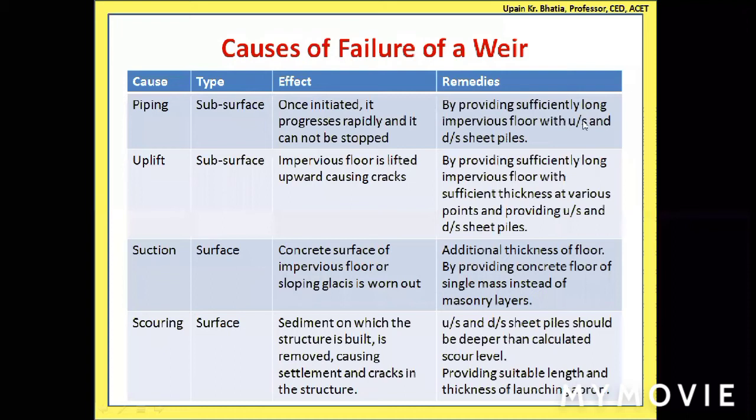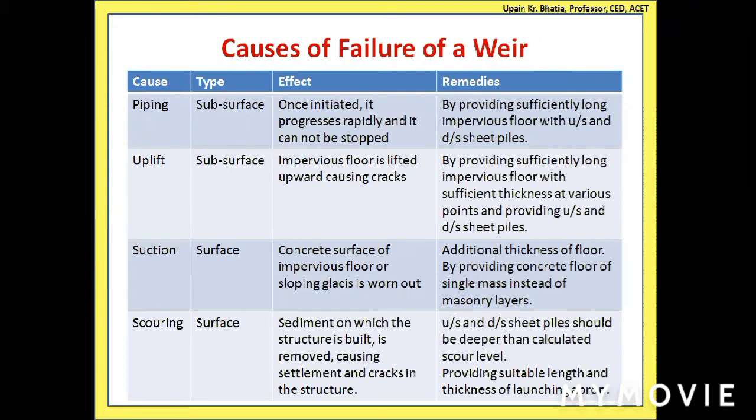Again, a sufficiently long impervious floor is good for resistance against the piping also, and it is good for effectiveness against the uplift pressure also. Something else is added also: a sufficiently long impervious floor with sufficient thickness at various points. We have seen that the impervious floor has different thickness at different points.